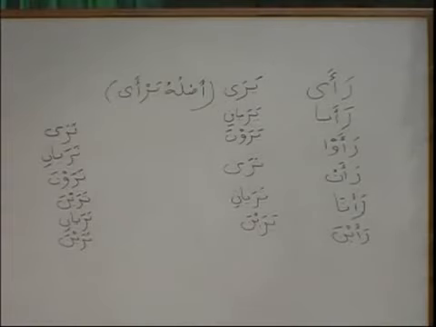Now, brothers and sisters, we come to yara. And what is the asal of it? Yara. But because of its constant, extensive usage, yara became yara. So the Hamza was dropped and the Fatah of Hamza came on the Ra.